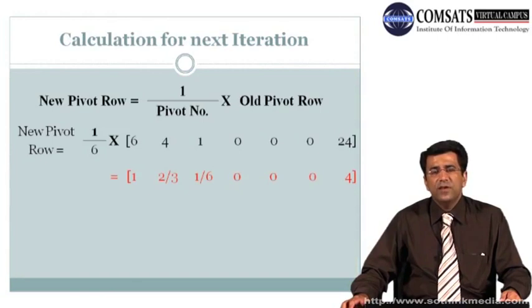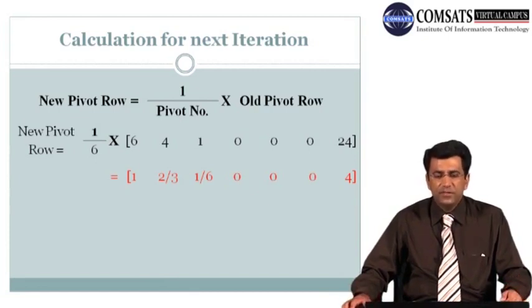So again class, we have identified the pivot row, the pivot column, the pivot number, as well as the entering variable and leaving variable. Now we'll have to compute the new pivot row, and the formula for computing the new pivot row is equal to 1 over pivot number into the old pivot row.